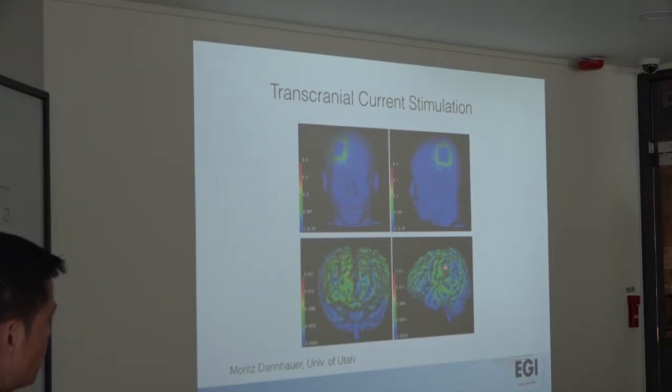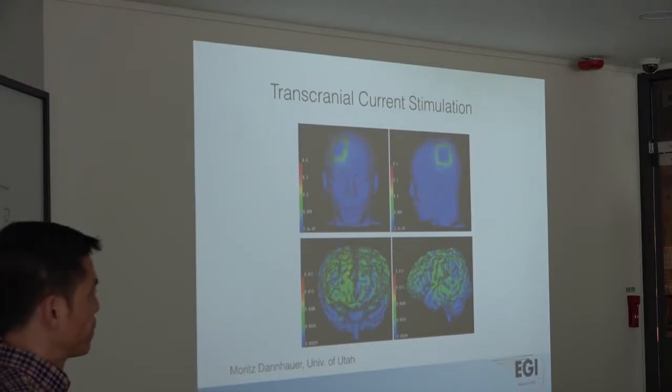And it's the concentration of the current at these cortical sites that then changes the excitability, either makes it more excitable or less excitable. But this is a little bit advanced. Most people don't do this part.